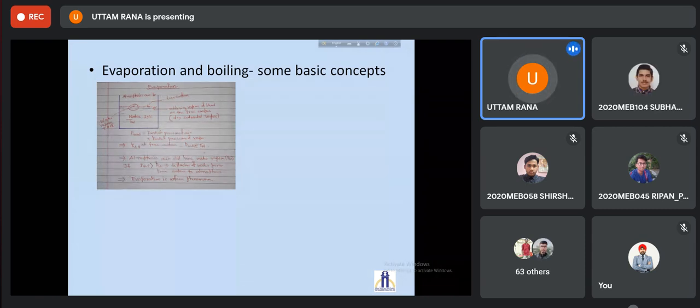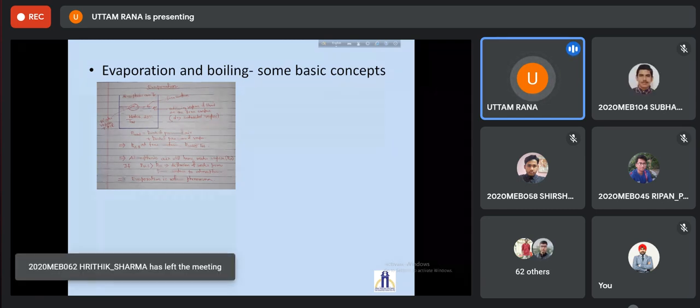Let us consider the evaporation process of water. We have some water in a water body. At the surface between the air and the water, there is a thin layer of vapor, and that vapor exerts some pressure on the liquid. That vapor pressure depends upon the concentration of the vapor in that particular layer. And that concentration of vapor depends upon the moisture content in the air also.